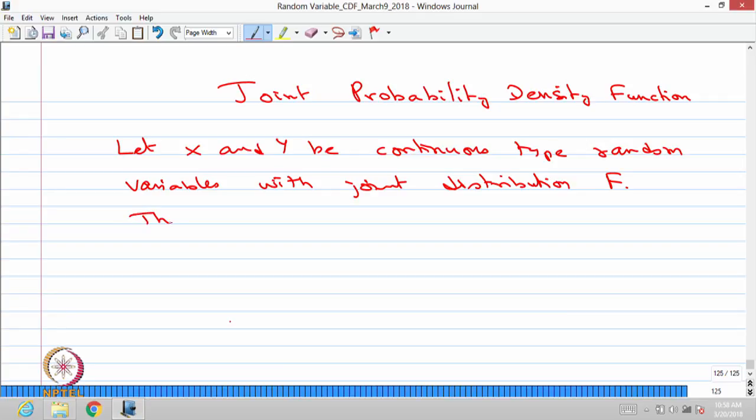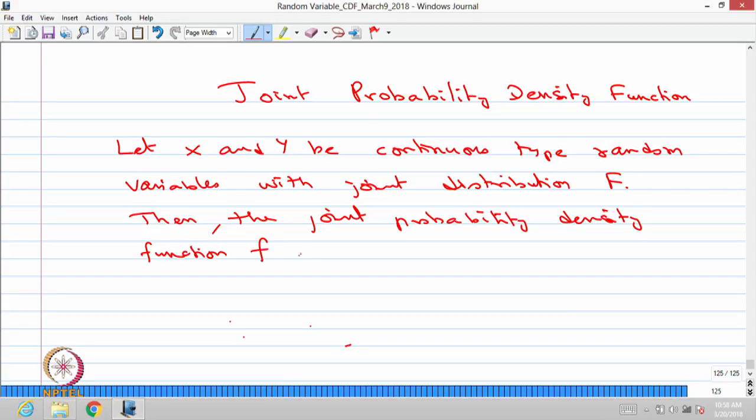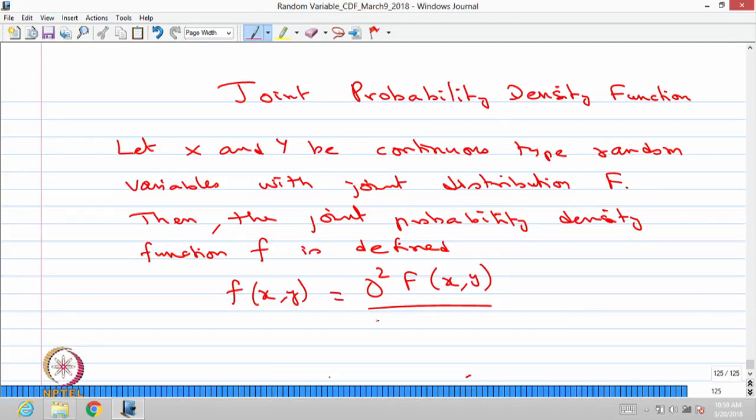Then the joint probability density function, small f, is defined as a function of x comma y by taking the partial derivative of the CDF with respect to x and y.